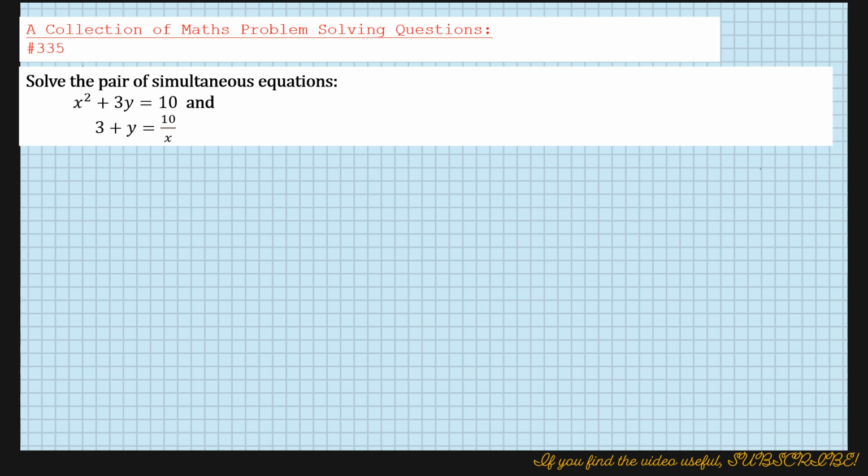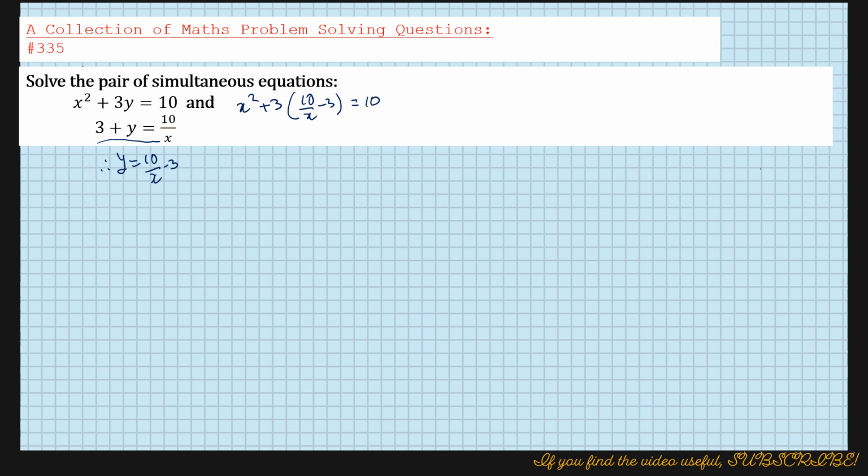So that would be y equals 10 out of x minus 3. Therefore, we can write the first equation as x squared plus 3 times 10 out of x minus 3 equals 10.